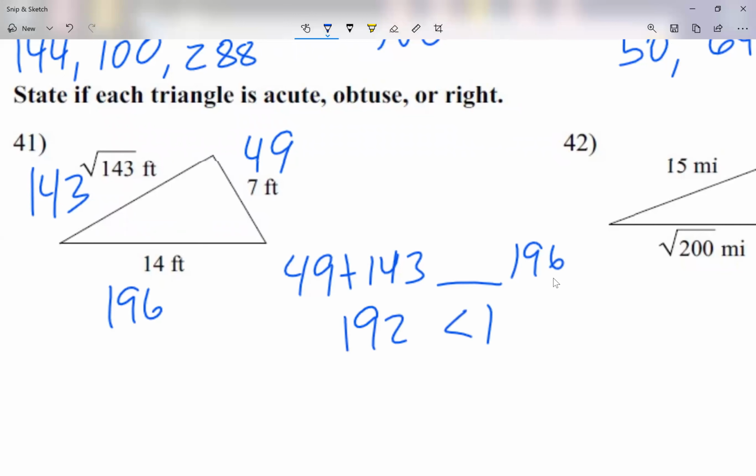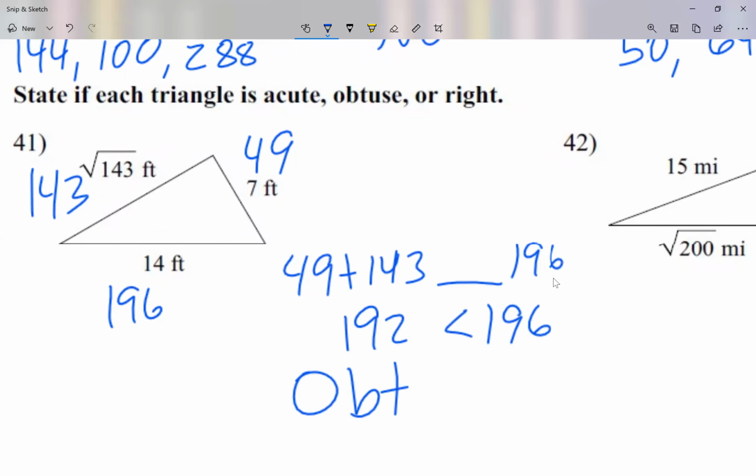This is less than 196. So according to our formula, our triangle is obtuse. And again, the formula is from your notes from yesterday, so you should have it.